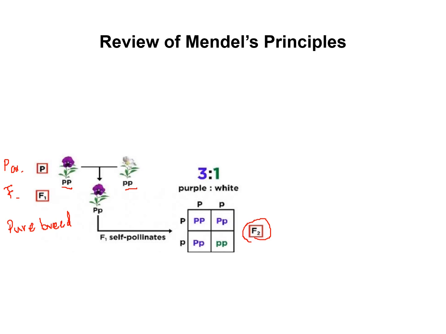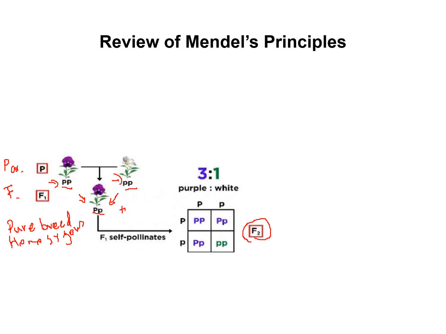Remember, both are homozygous. In this case, you see these are both either capital P's or lowercase p's, and each one passes one of the letters that represent the alleles, the form of a gene, and here you get a combination.